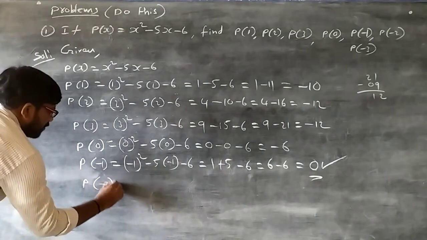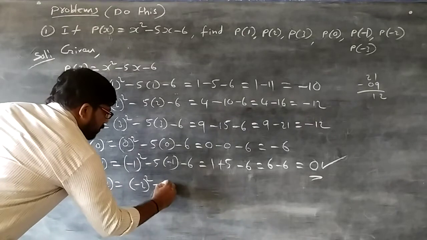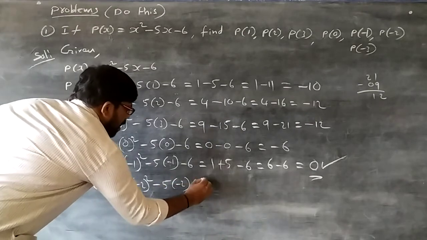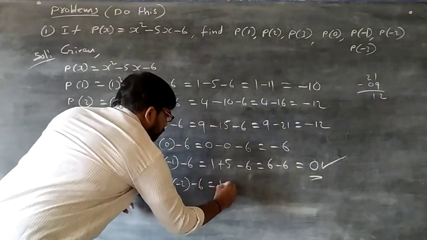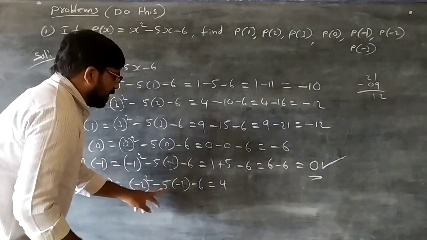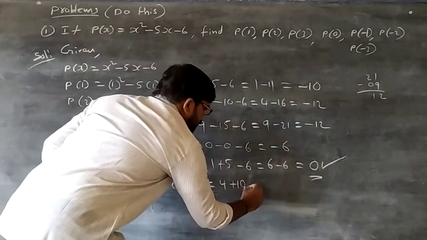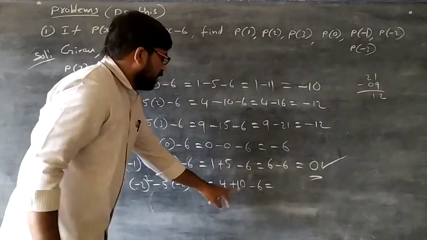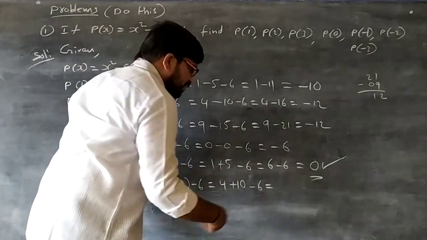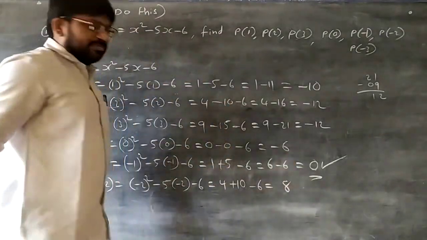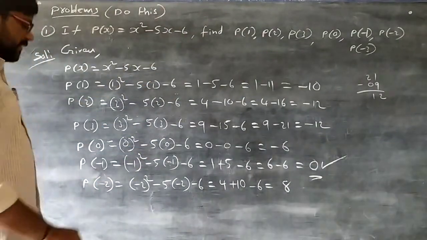P of minus 2 is equal to minus 2 whole square minus 5 into minus 2 minus 6. Minus 2 square, 4, minus into minus is plus, 5 twos are 10, minus 6, that is equal to 10 plus 4, 14. 14 minus 6 is 8. In the same way we can find p of minus 3 also.